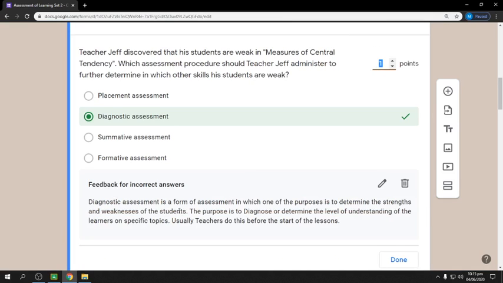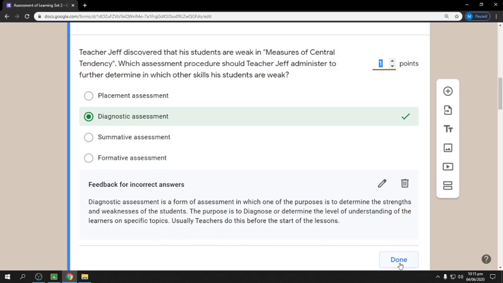What is diagnostic assessment? It is a form of assessment in which one of the purposes is to determine the strengths and weaknesses of the students. The purpose is to diagnose or determine the level of understanding of the learners on specific topics. Usually, teachers do this before the start of the lessons.